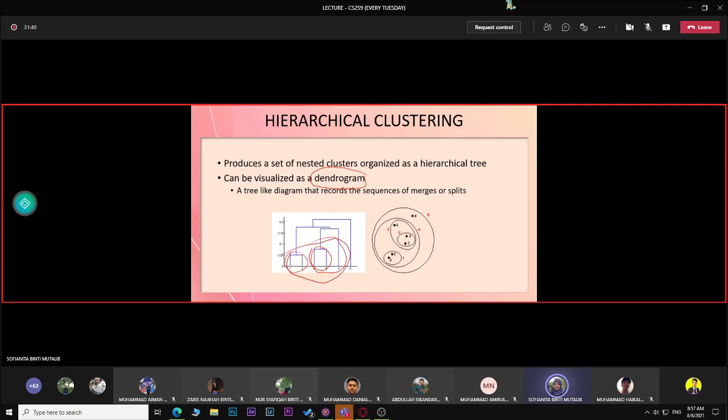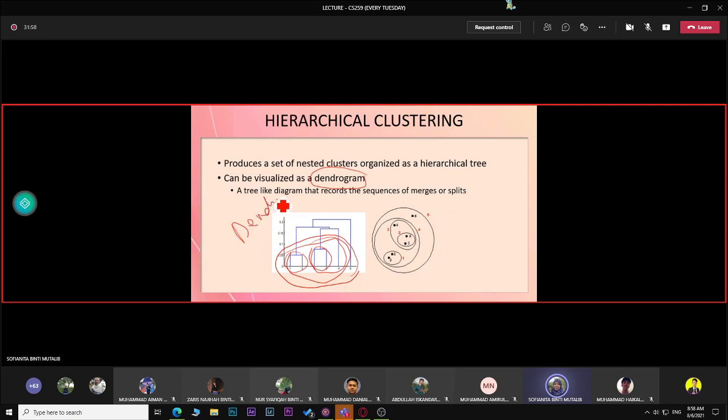At the end, this would be the last object similar to the other cluster. In dendrogram, this is what we are producing.